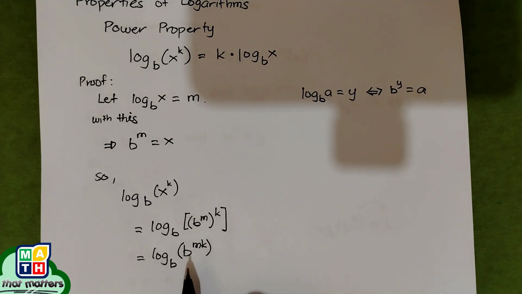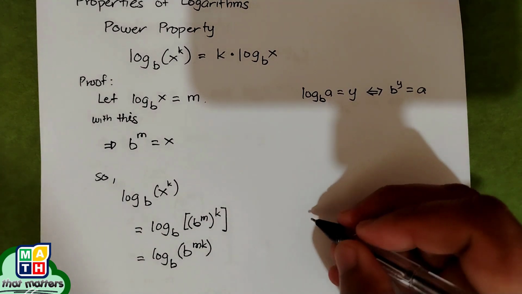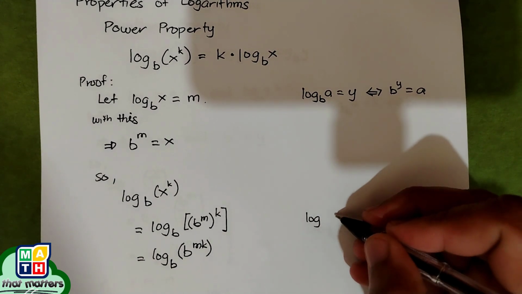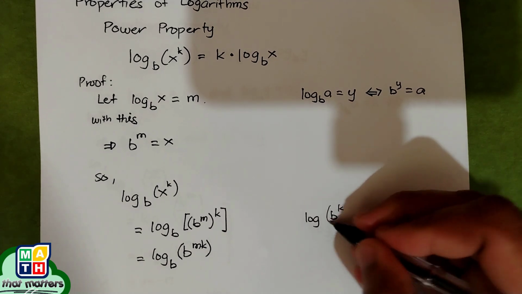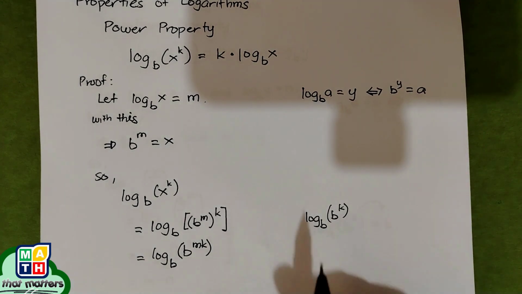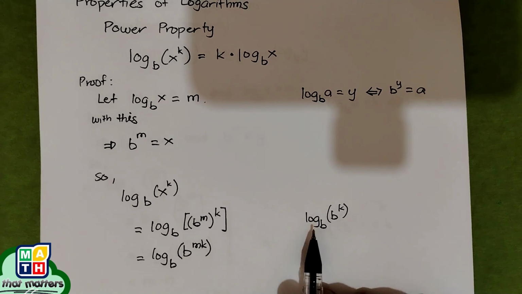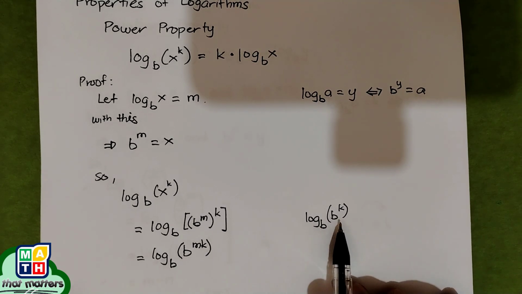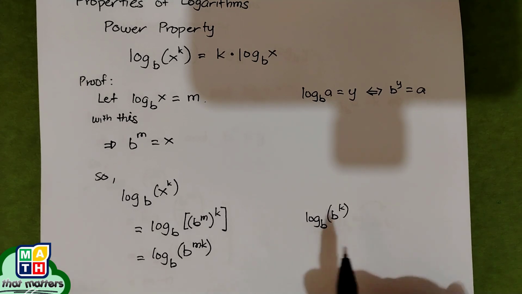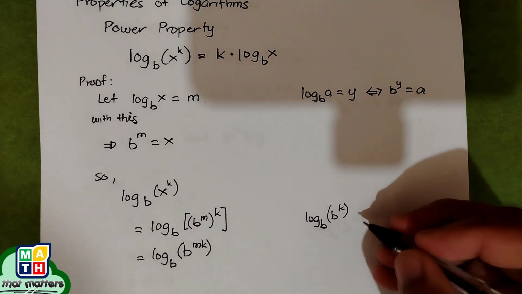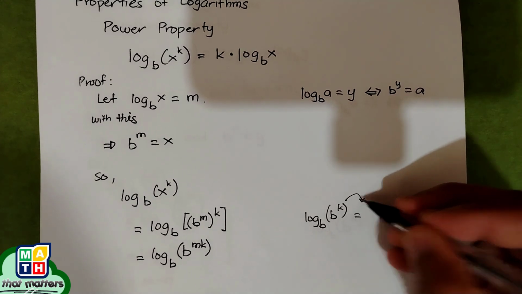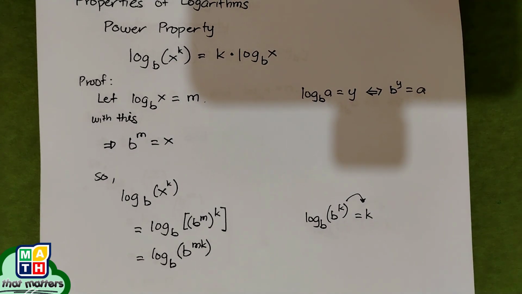So from here we only have one more step to show the simplified form of this, and this is where we are going to use the inverse property of logarithm. The inverse property of logarithm tells us that if we have the logarithm of a certain exponentiation where the base of the exponentiation is the same base of the logarithm, this is equal to the exponent of the exponentiation itself.